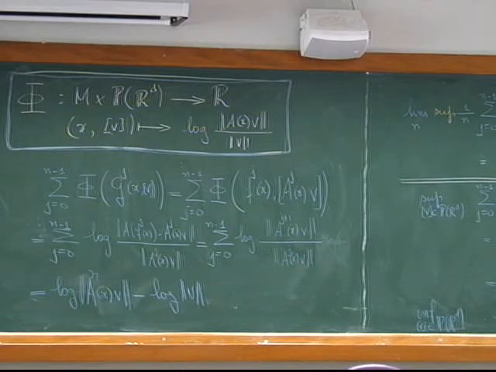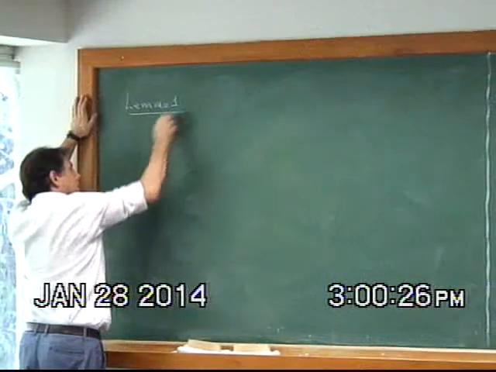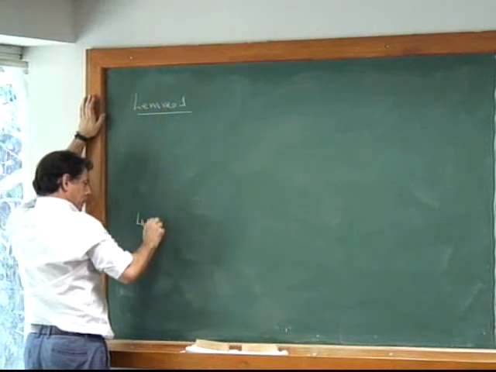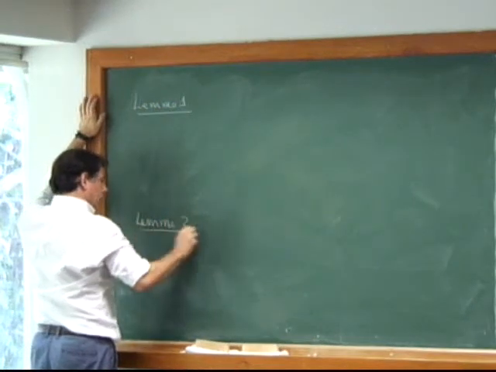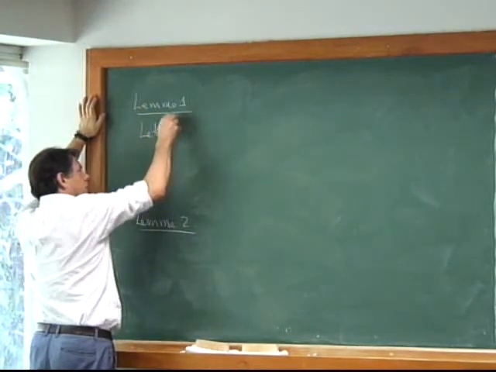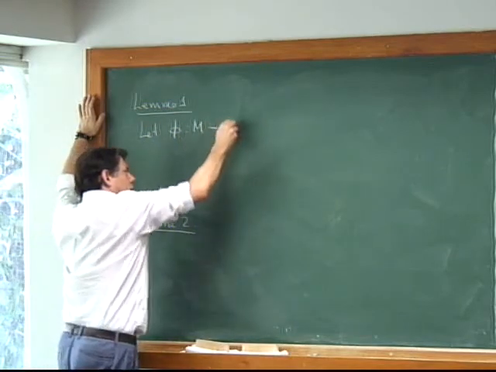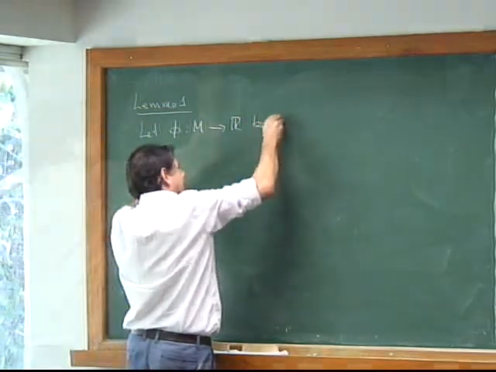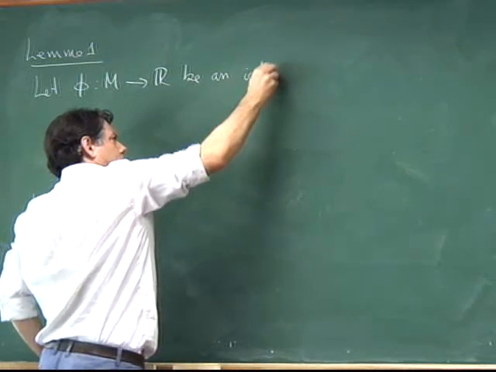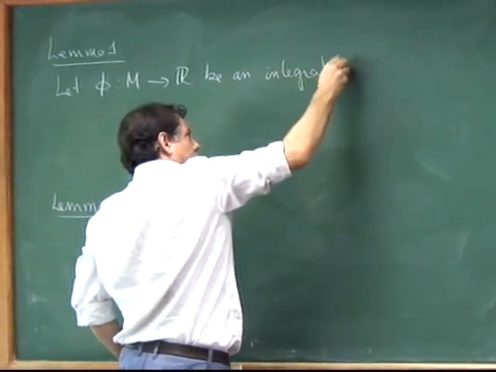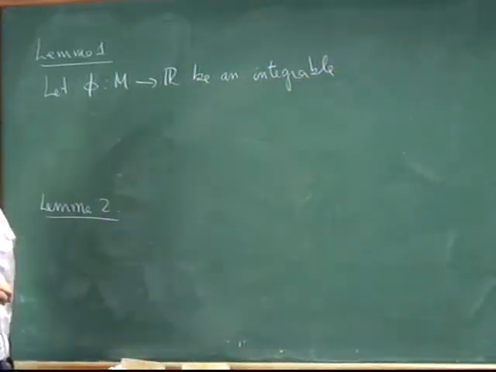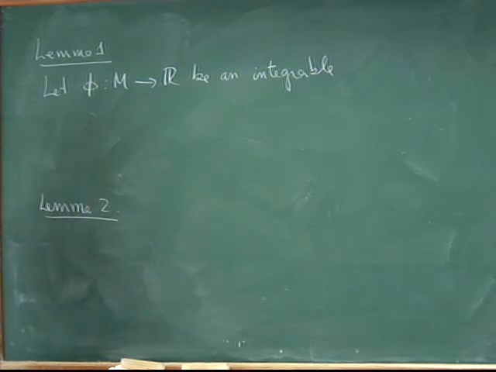Lemma 1 and lemma 2. This refers to something that I didn't complete last time when I was proving the sub-additive ergodic theorem. I was proving it using a lemma.